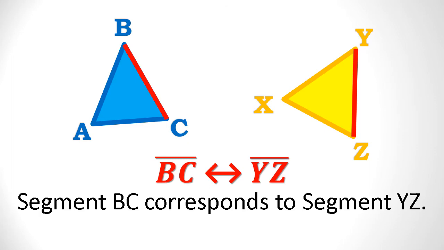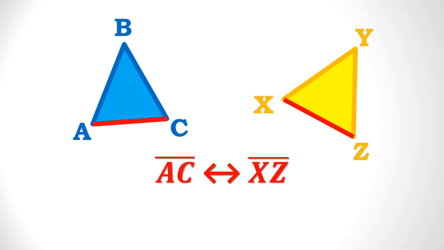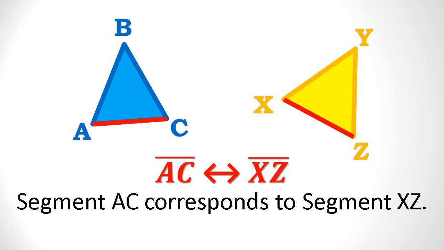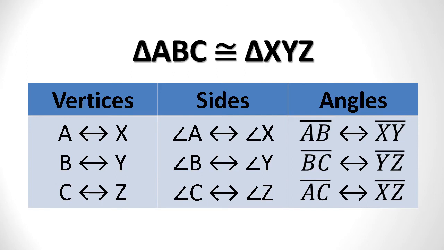Segment BC corresponds to segment YZ. Lastly, side AC and side XZ. Segment AC corresponds to segment XZ. Here's a summary of all the correspondences that exist when triangle ABC is congruent to triangle XYZ.